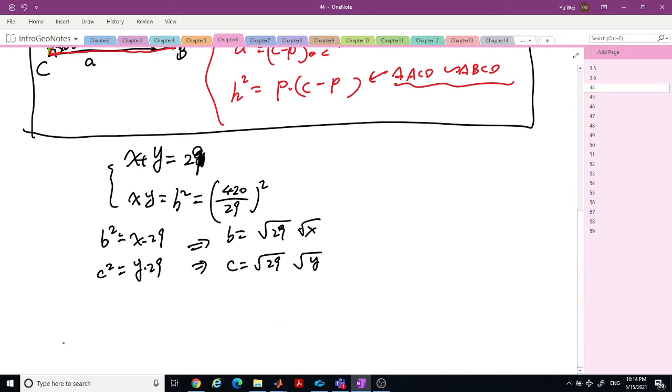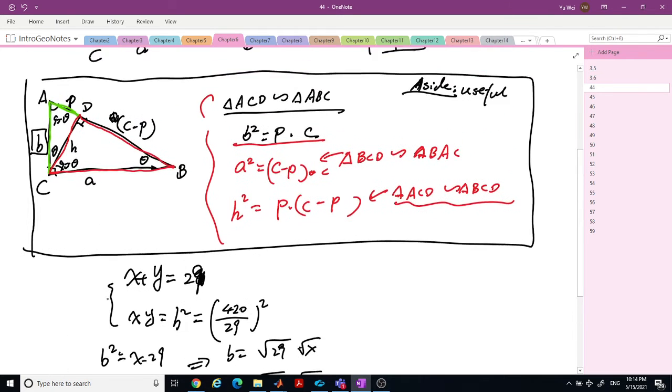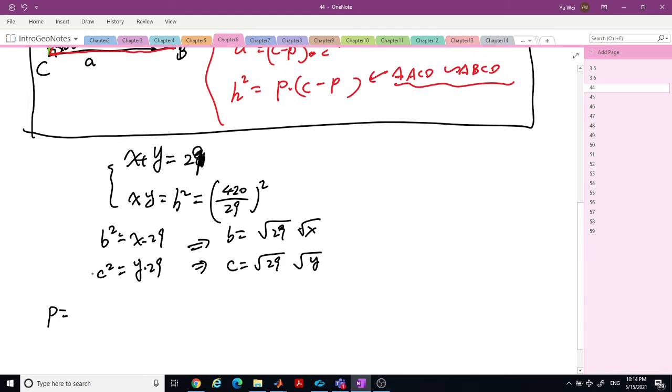So the perimeter is equal to A plus B plus 29.